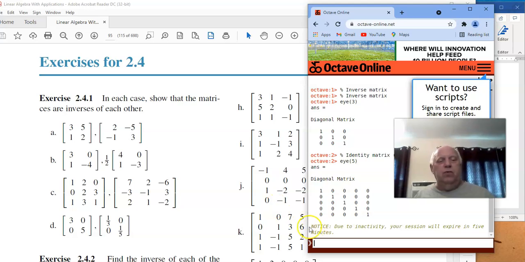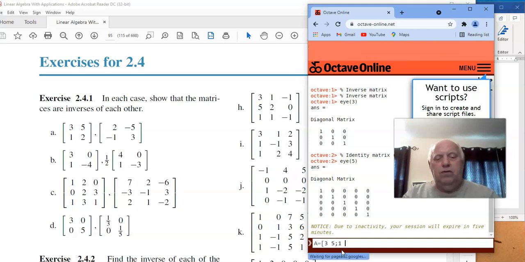Now, I'm going to do it two ways, just to show you can do it this way. So I'm going to say let matrix A be the matrix 3, 5, semicolon 1, 2, semicolon B equals the matrix 2, negative 5, semicolon, negative 1, comma 3, semicolon, what is A times B?